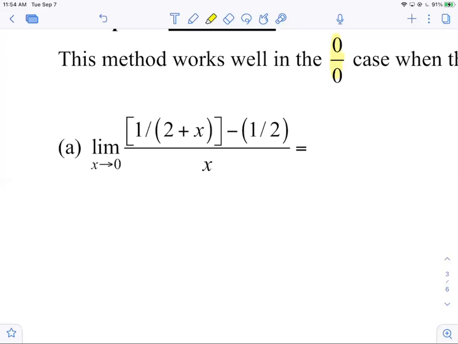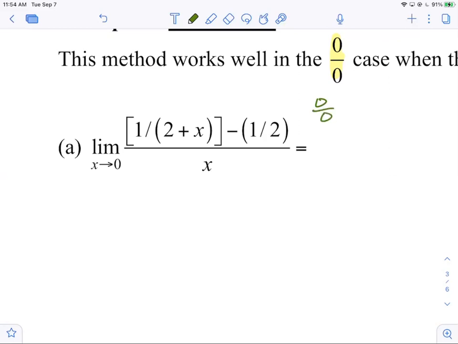This one's written with the diagonal division bar, which I'm not really a big fan of, but it's sufficient because you've got parentheses around the denominator, and if you know what you're doing, feel free to use them. But if you plug in, you get a half minus a half, which is 0 over 0.